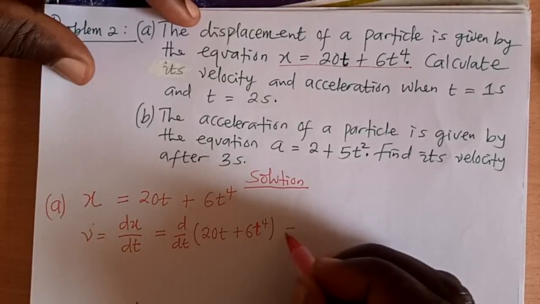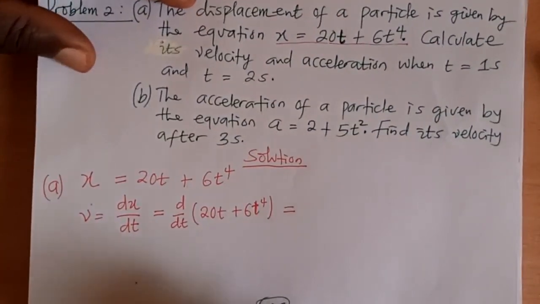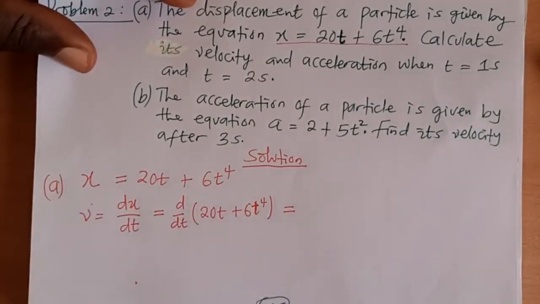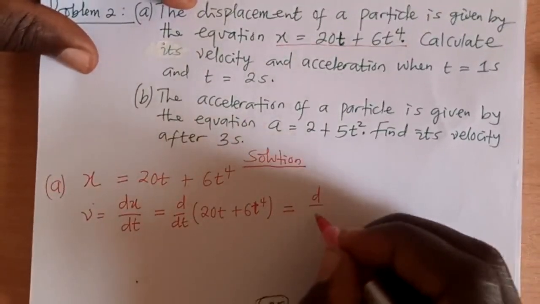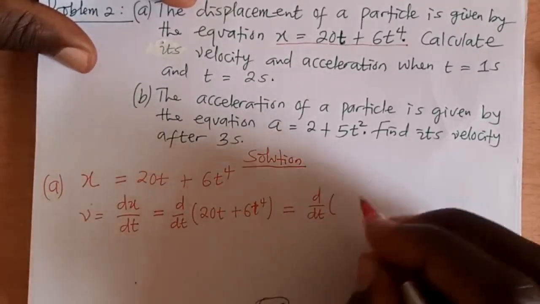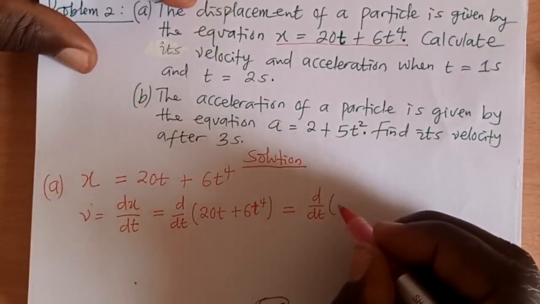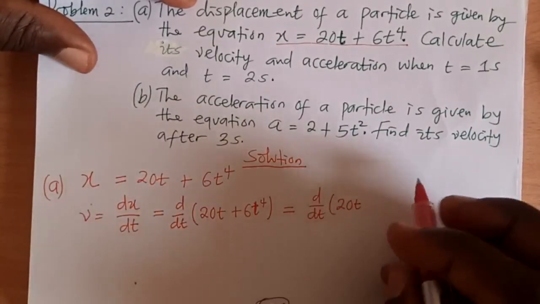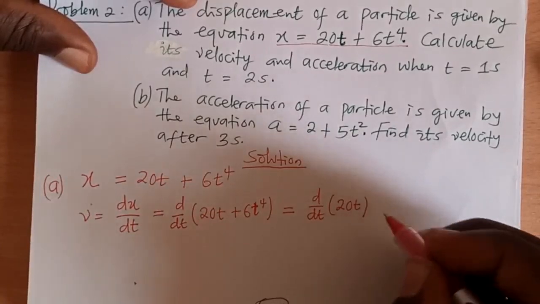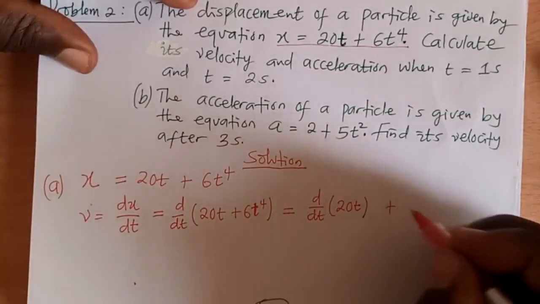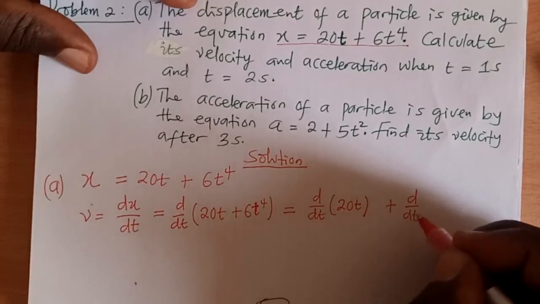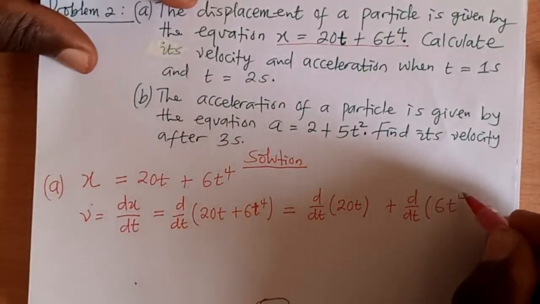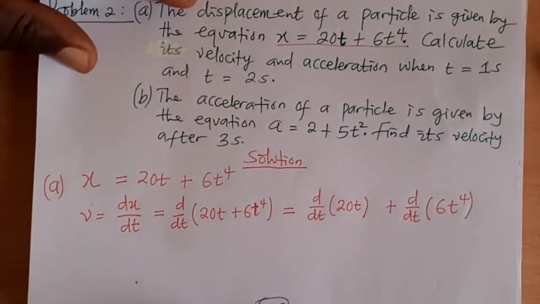Moving on, I now have to differentiate this individually each time. So I will say d/dt of 20t with respect to t, plus the derivative of 6t raised to the power of 4, also with respect to t.